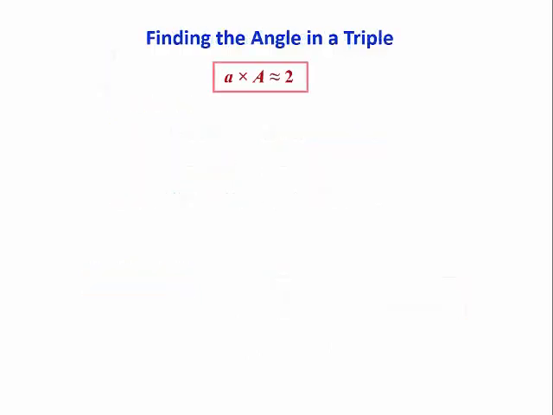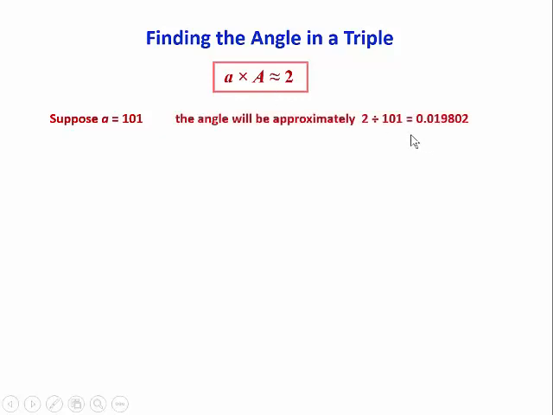So a times A is approximately equal to 2, and we can use this for finding angles in triples if the angles are small. So suppose that a is 101, which actually means that the triple has a small angle. We can plug that a value into here and get the angle. It'll be 2 divided by 101, which is this number here, to 6 decimal places.